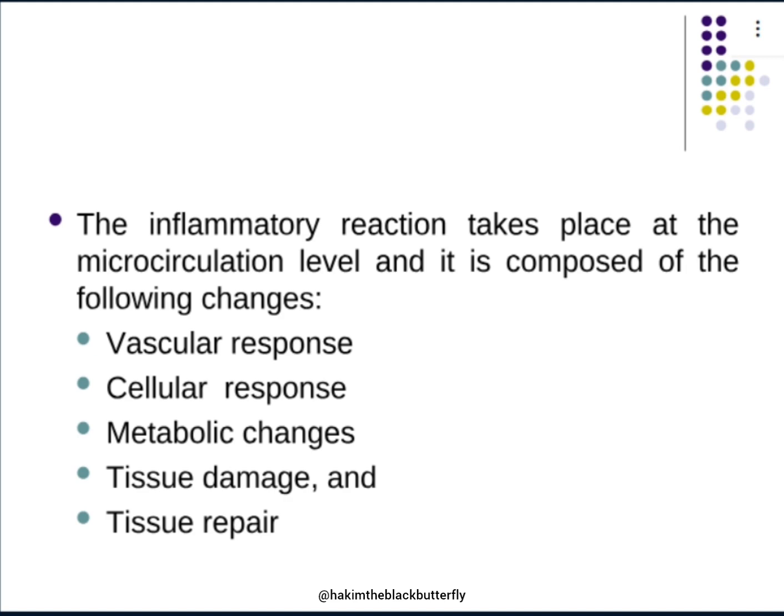That is cellular response. And what are these cells? Inflammatory cells, neutrophils, monocytes, which reach the injured area, and they become macrophages, phagocytes, meant to engulf the injurious stimuli and eat it up.